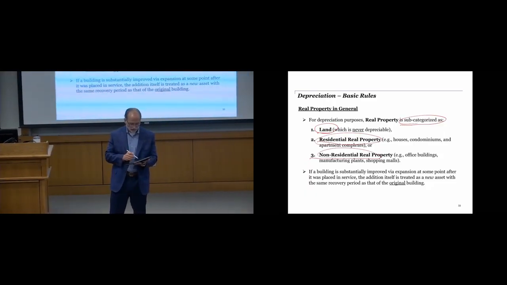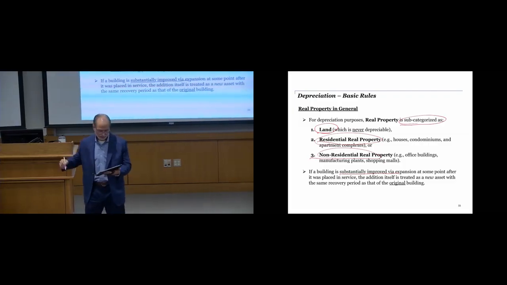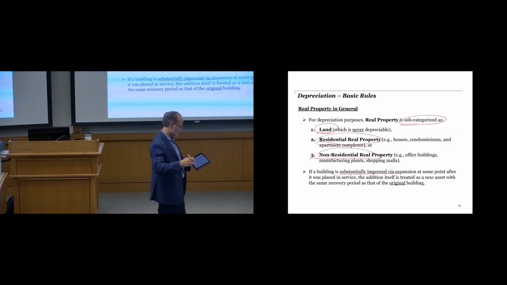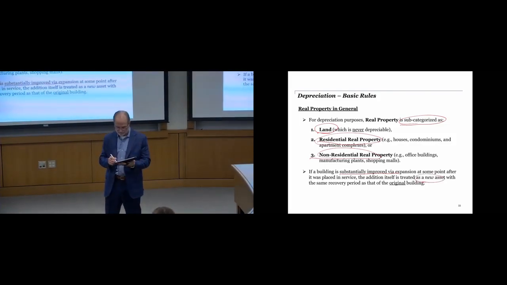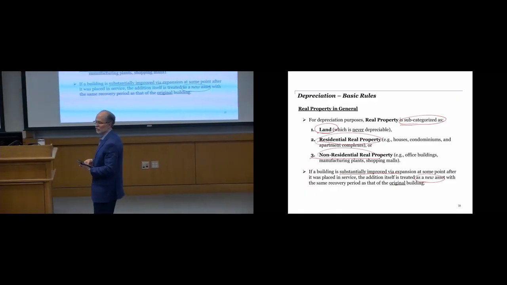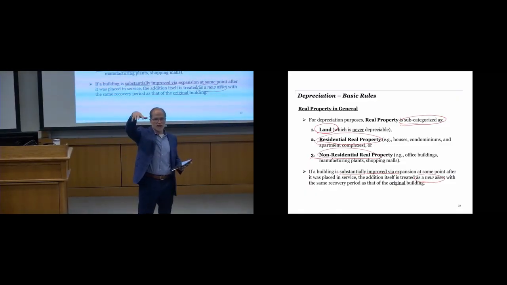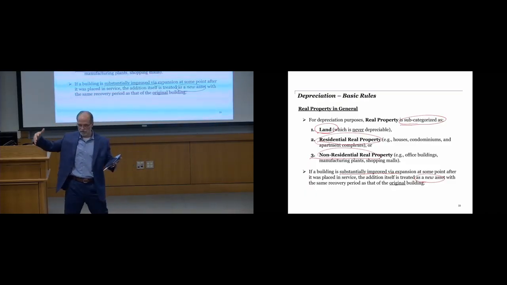If a building is substantially improved via expansion at some point after it was placed in service, the addition itself is treated as a new asset with the same recovery period as that of the original building. So, not uncommon to have a big factory and then the company expands over a period of time and wants to build a new line.